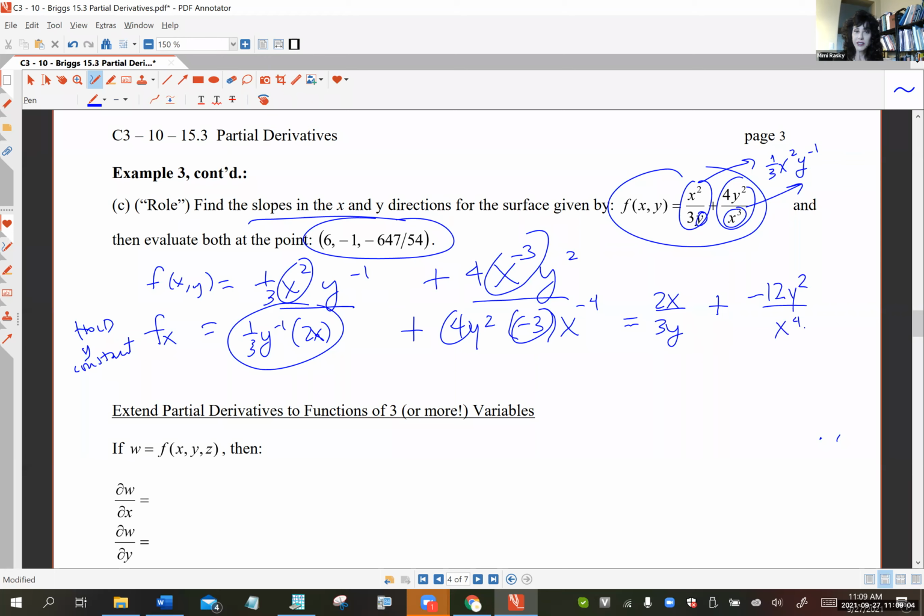So that's fx. If I evaluate fx at the x and y coordinates given, you can ignore the z coordinate because these two partials are only functions of x and y. Well, why'd they give the z coordinate? Who cares? Because this ordered triple is the actual location in 3D on the surface itself.